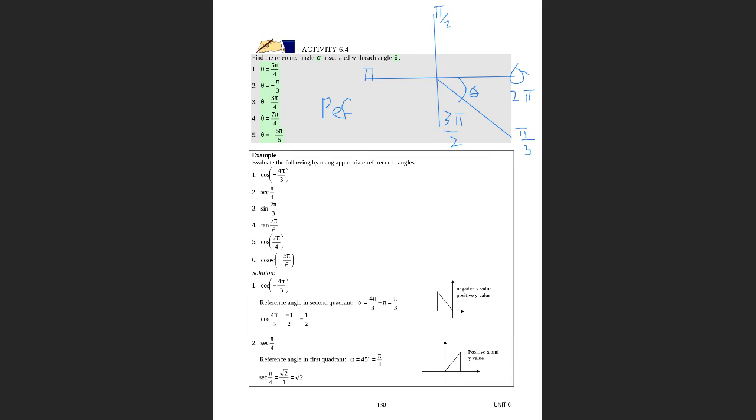This is the only thing the sign does, whether positive or negative. So the reference angle is going to be pi over 3 minus 0, which is the same as pi over 3.